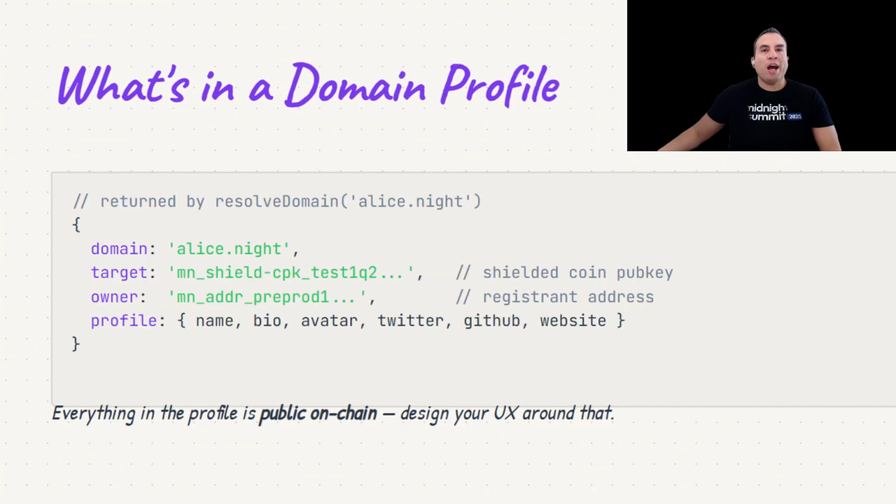What do you actually get back when you resolve a domain? Here's the shape: the domain string itself, normalized, the target and the owner, and a profile object with fields like name, bio, the avatar URL, Twitter, GitHub, website, etc. Notice something here.